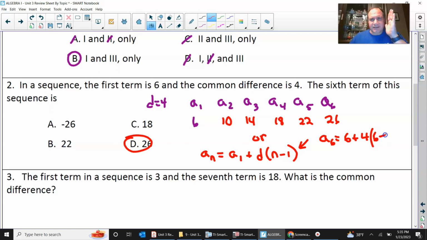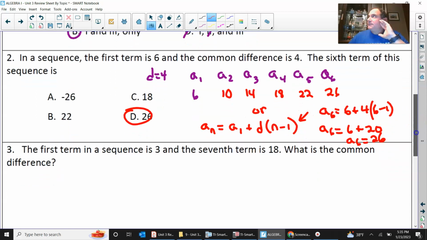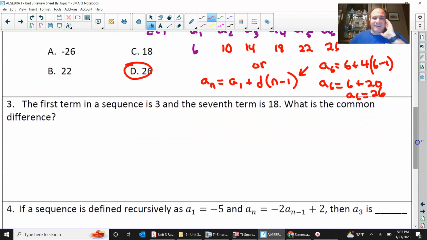So n is 6, minus 1, according to the formula. So if you put this into the calculator, this is 5, so that's 20. You'll get 26. Yeah, it's a lot of fun.